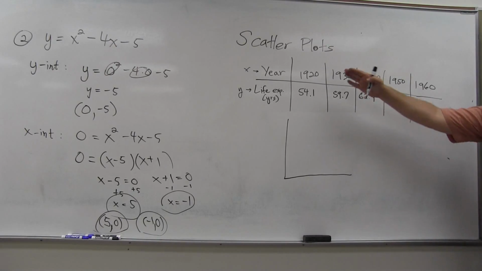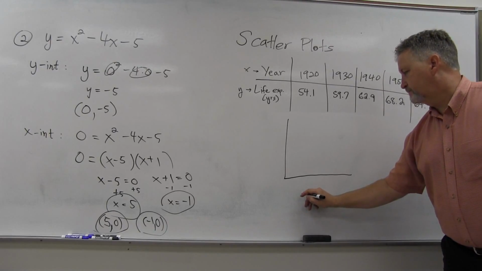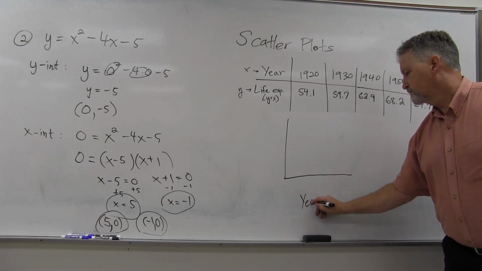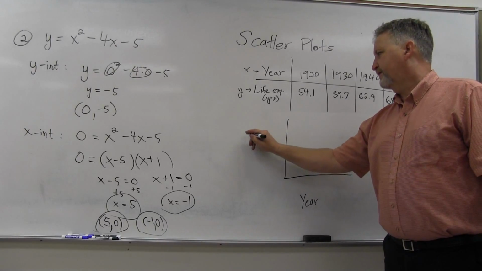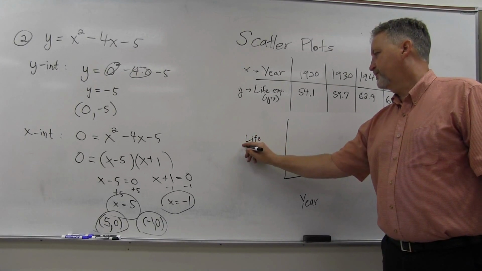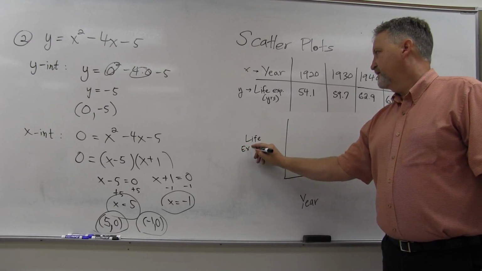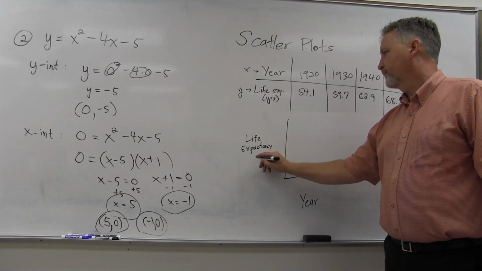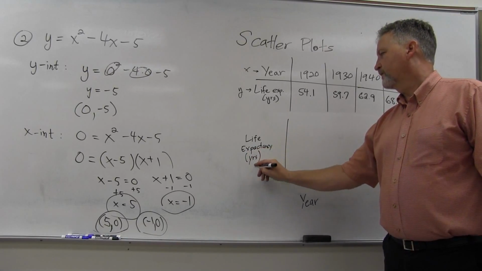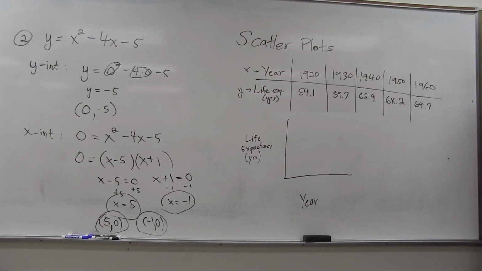Okay, so we're going to let X be the years, and we'll let the year be over here. One thing I'd like you to do is label these so we'll know what this graph means. That's all a scatter plot is, just a graph of the data. Now the other thing is, I could put 1920, 1930, but let's make a little shorthand notation.